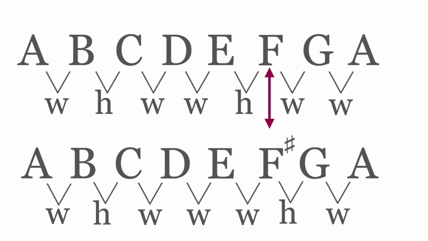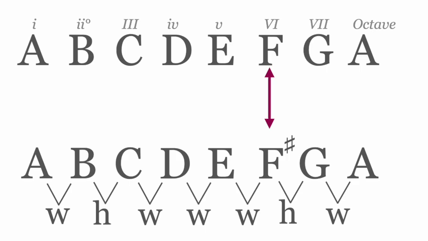Okay, fair enough. Now let's bring in the chord qualities. We still have F major, right? It's still A minor at the top. But when we bring in the chord qualities for our Dorian, our sixth is now an F sharp diminished. Now, where else did we see an F sharp diminished? Well, we saw it in E minor.